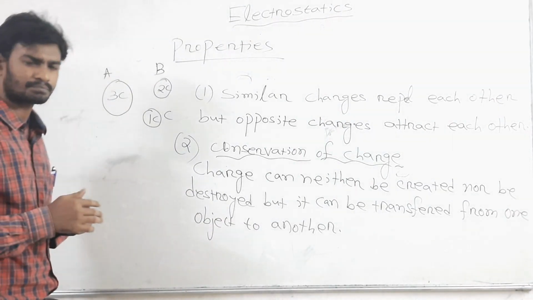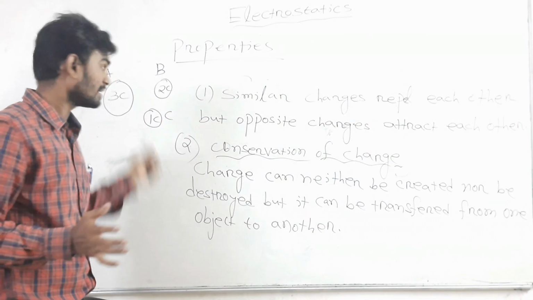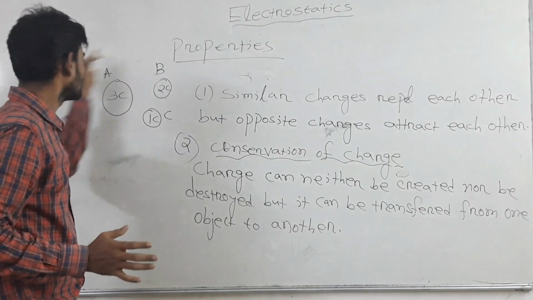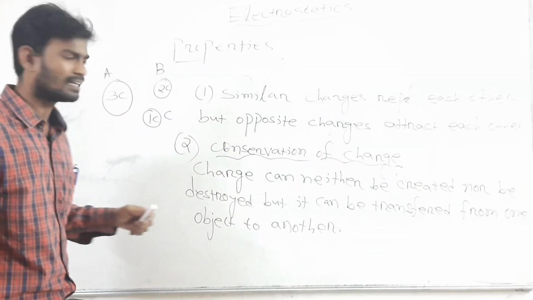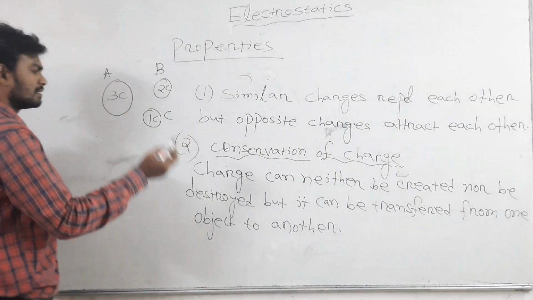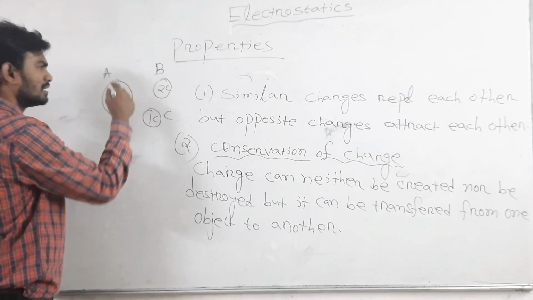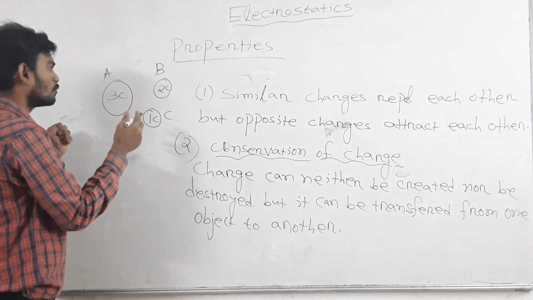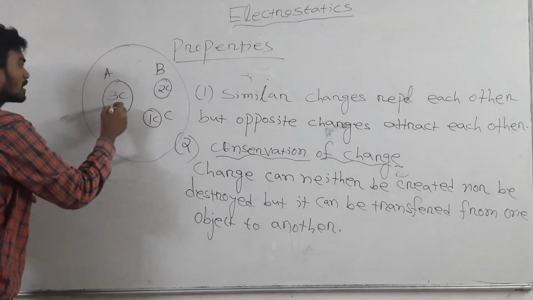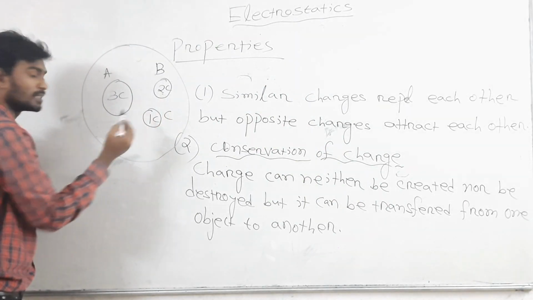If these are isolated from the environment and do not have any effect from outside, then according to conservation of charge, the total charge always remains constant. The total charge is 3 plus 2 plus 1, which is 6 coulomb.